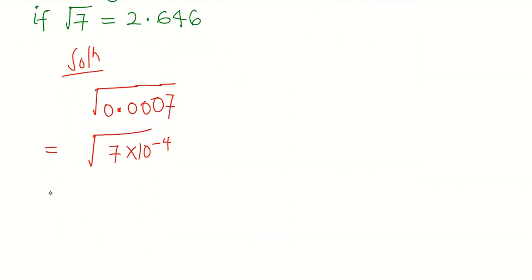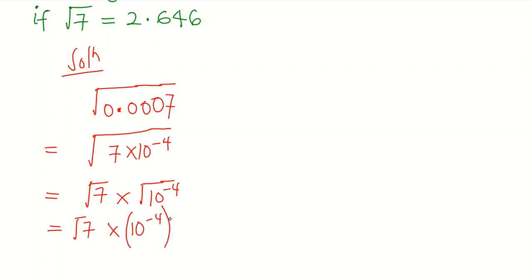Now this also can be simplified for us to have square root of 7 times square root of 10 exponent minus 4. Now already we have been given square root of 7 to be 2.646, so we can do the substitution here. But before that, we can also work on square root of 10 exponent minus 4 to reduce it before we substitute the value of square root of 7, which means we are going to maintain square root of 7, and we have 10 exponent minus 4.